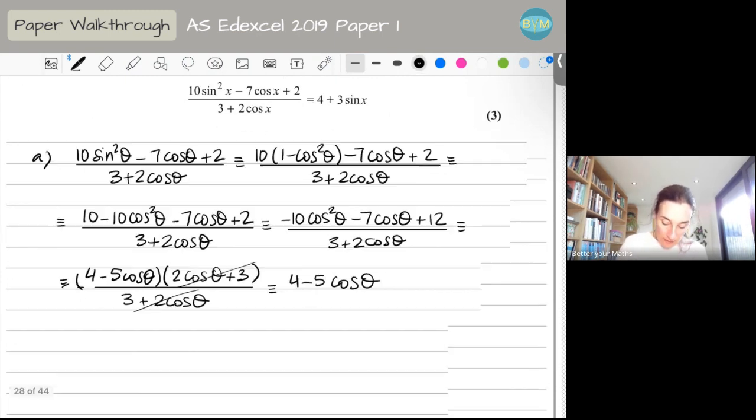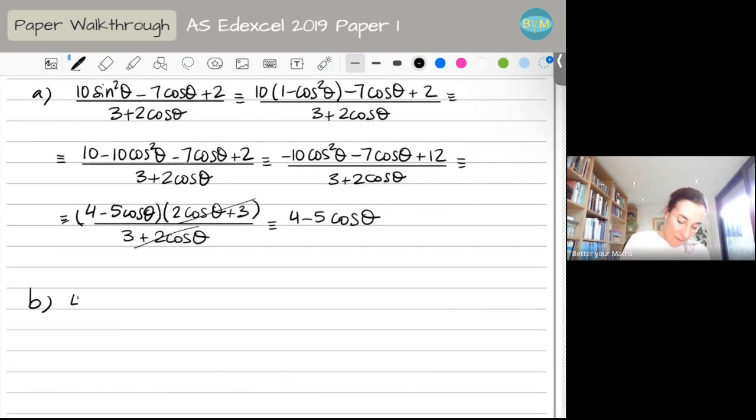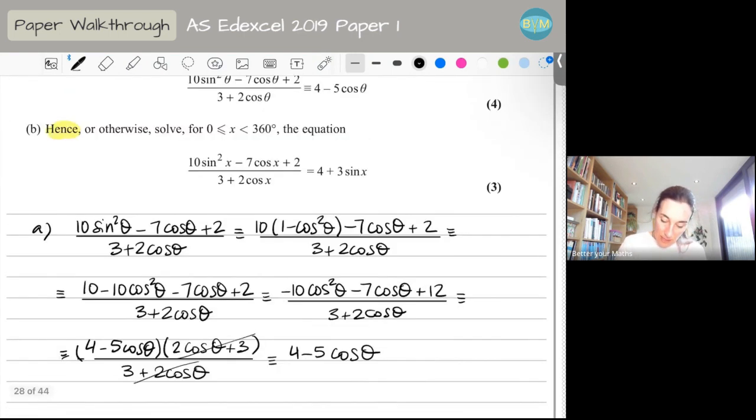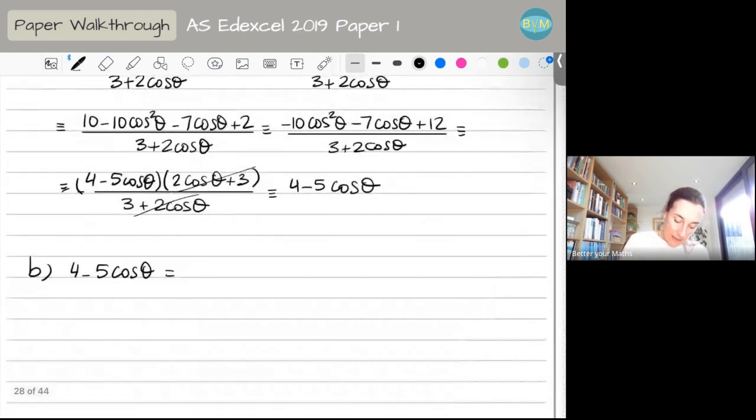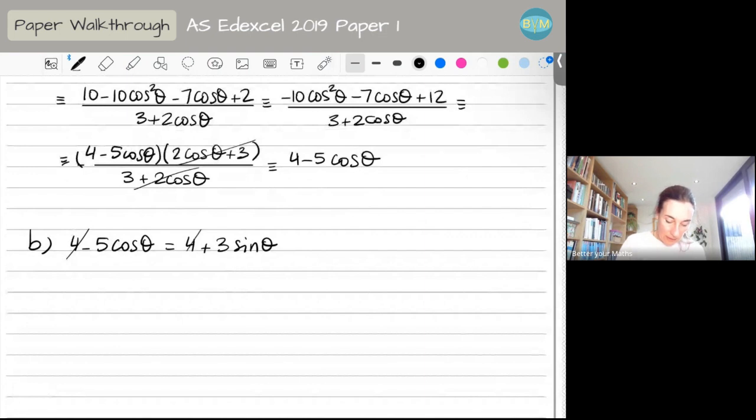4 minus 5 cos theta is going to be equal to 4 plus 3 sine theta. And I'm going to solve this equation, which is much simpler. So the 4 and the 4 are gone, and I have minus 5 cos theta equal 3 sine theta.